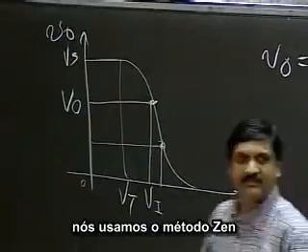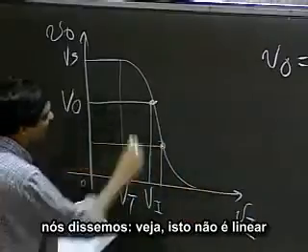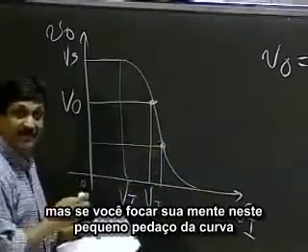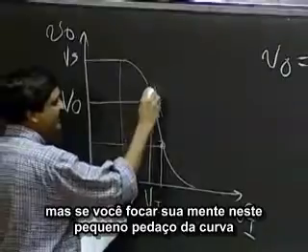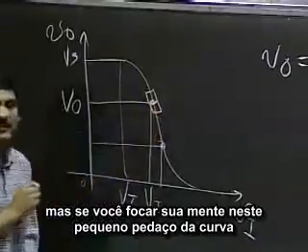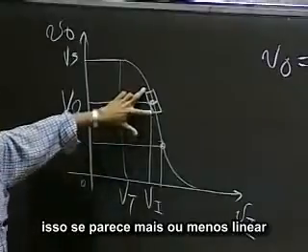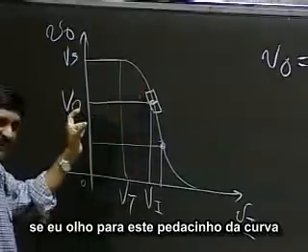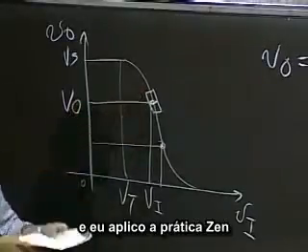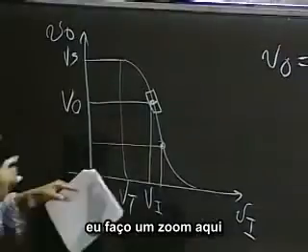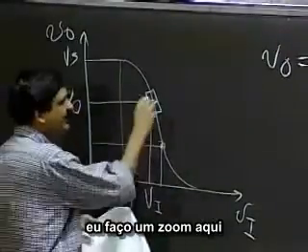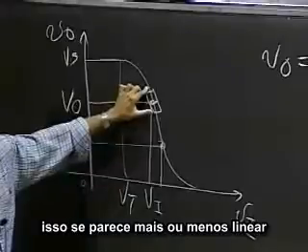We used the Zen method. Remember the Zen method? We said, hey, look, this is nonlinear, but if you can focus on this little piece of the curve here, this looks more or less linear. Okay, if I look at a small itty-bitty portion of the curve, and do the Zen thing, and kind of zoom in on here, this looks more or less linear.